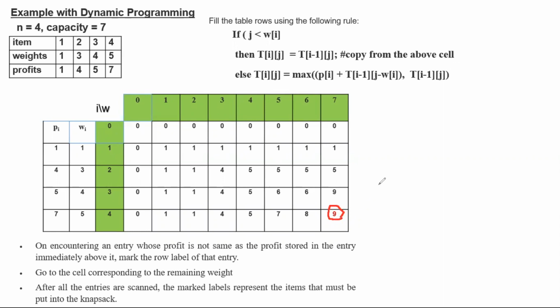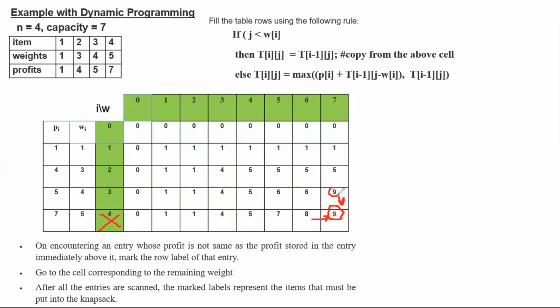To find out which items we have to select to gain this maximum profit, we have to trace in the table. This value did not come from here. It came from here. So item 4 should not be selected.